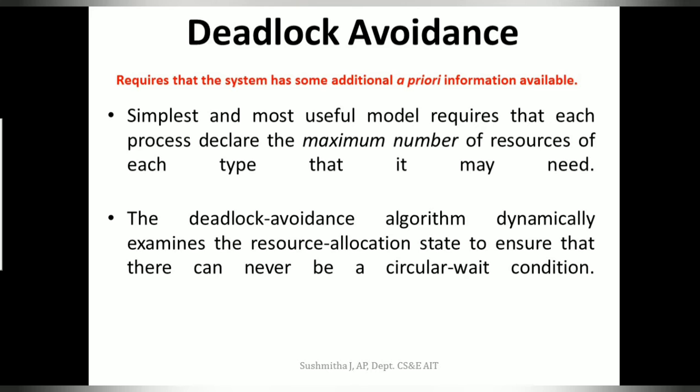The deadlock avoidance algorithm dynamically examines whether the allocation of the resource is leading us to deadlock. Every time it is giving a resource, it checks whether it could lead to deadlock or not. If it is leading to deadlock, the resource shall not be allocated.